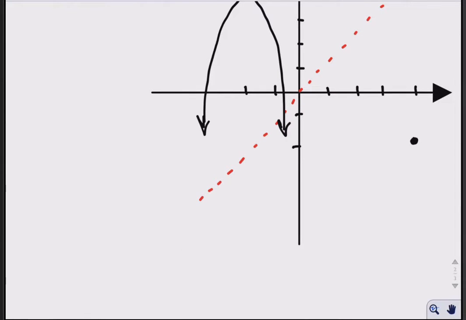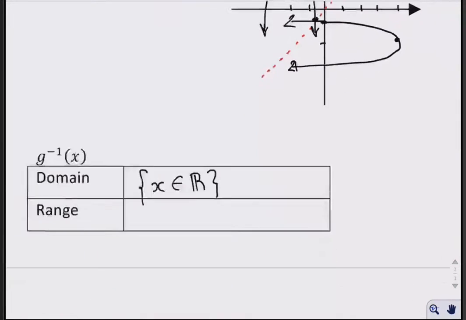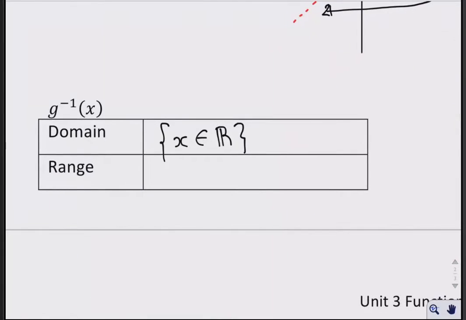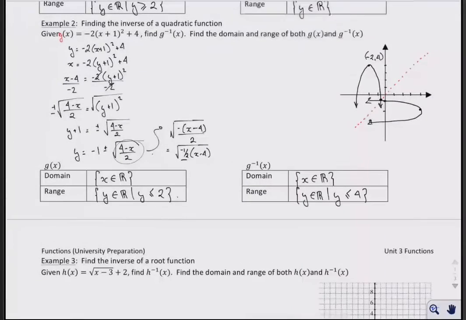What I do know is that it's going to be something like this. You notice how they meet here at this point. And what does that mean for my range? Well, y is a real number, and y is going to be less than or equal to 4. There we have it.